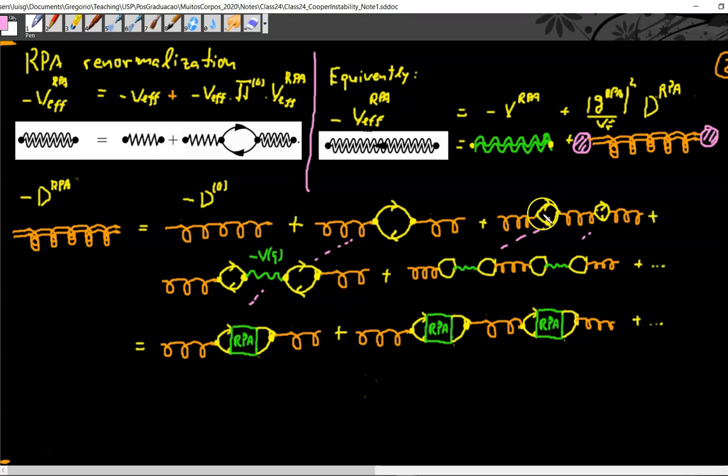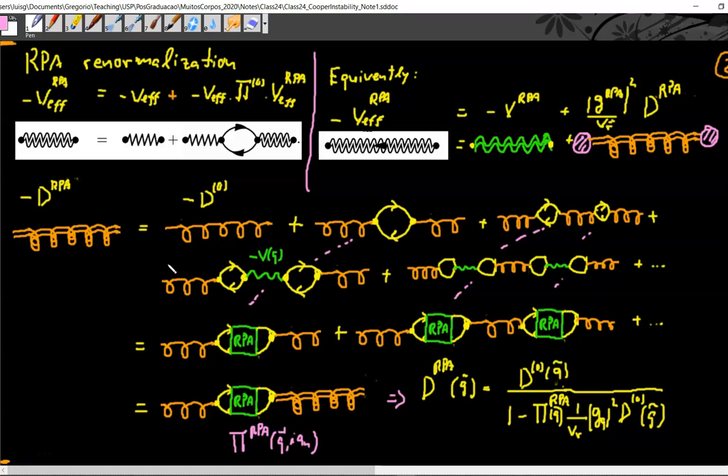Now these two will give me three phonon lines, three free propagating lines with two RPA bubbles. Next is four phonon lines with three RPA bubbles, and so on and so forth. That's essentially the expression that, when I add all of this, will give me my RPA, this curvy line here with a double line. All right.